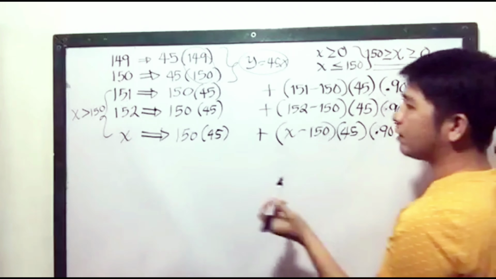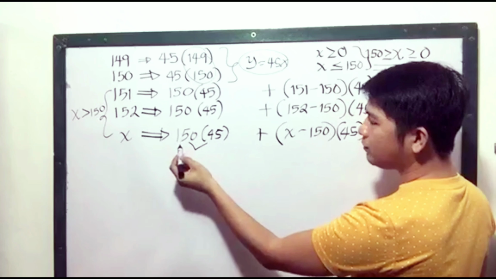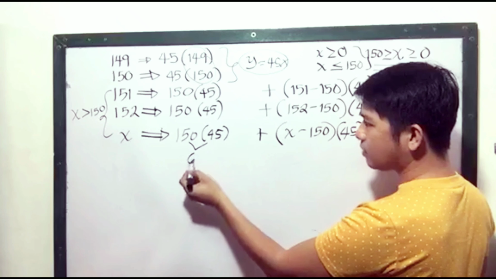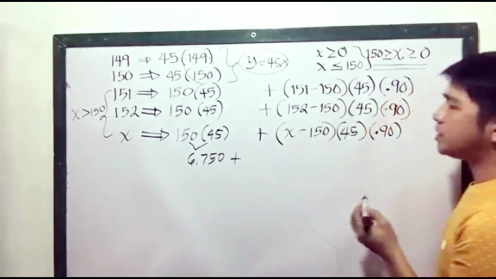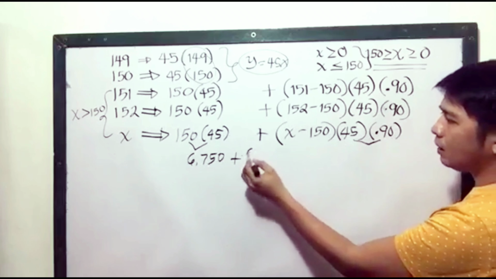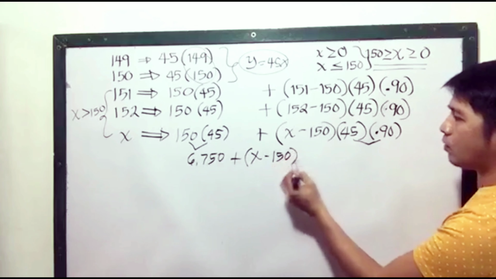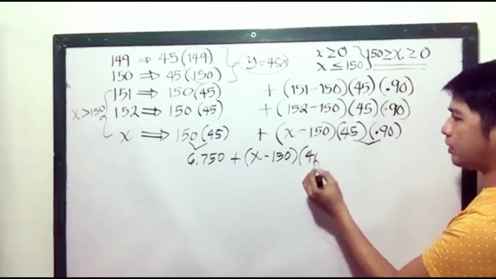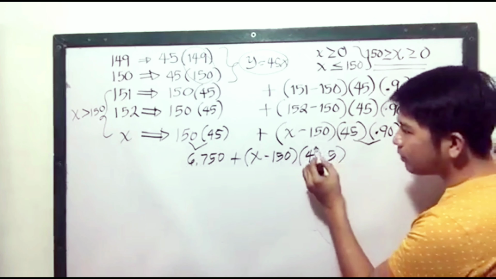So let's do it. If we multiply all of this, 150 times 45 is 6,750. Plus, let's simplify this first. Bring down x minus 150 multiplied by 40.5. So, multiply this one.